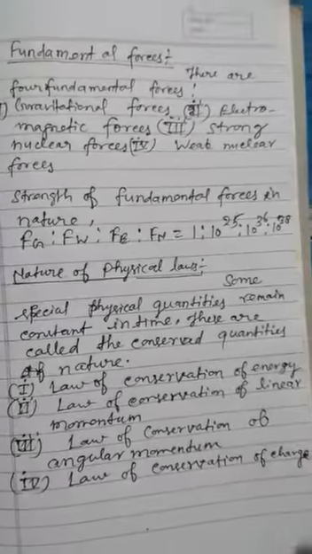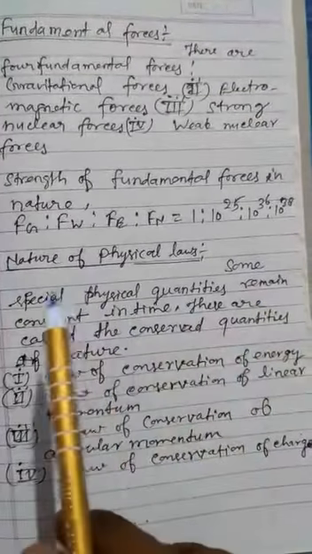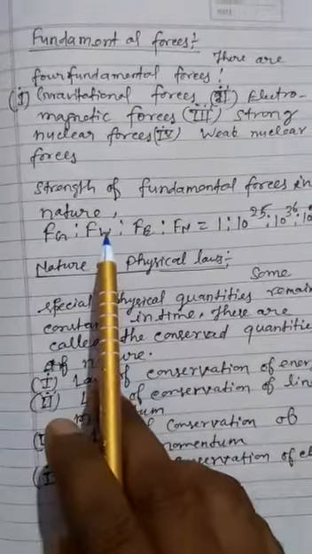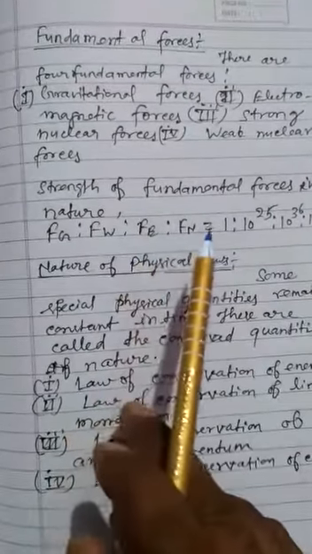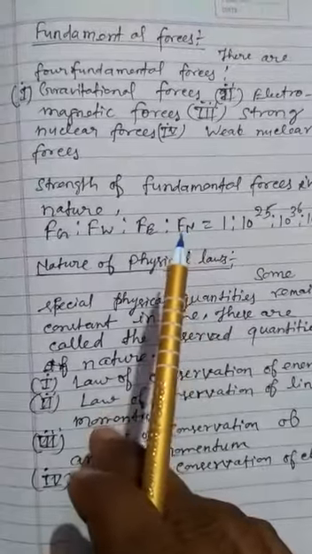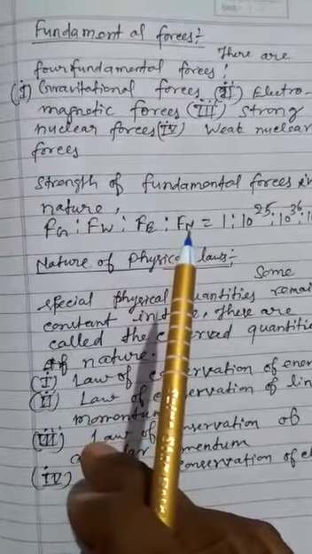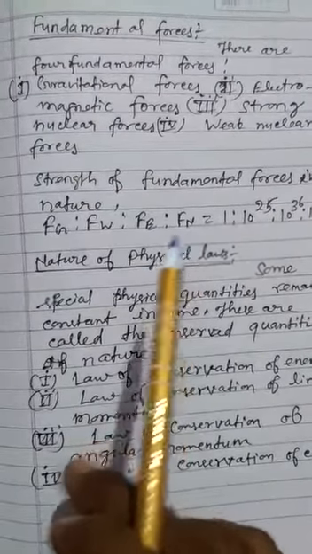And its strength can be written as Fg means gravitational force, Fw means weak nuclear force, Fe means electrostatic force, and Fn means nuclear force, that is strong nuclear force.